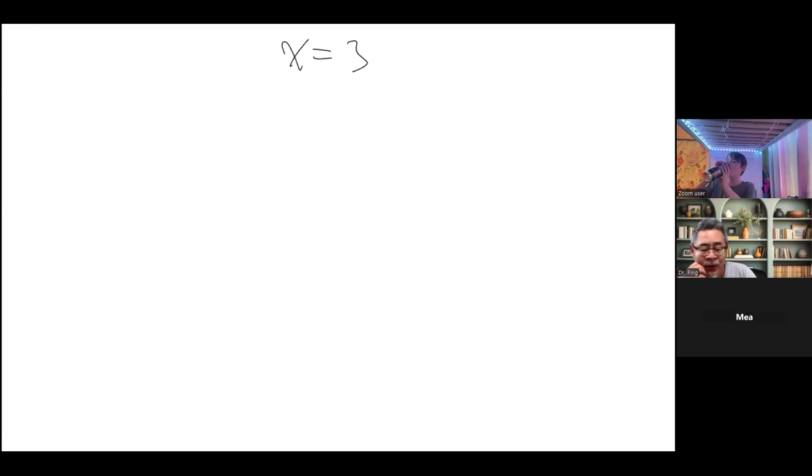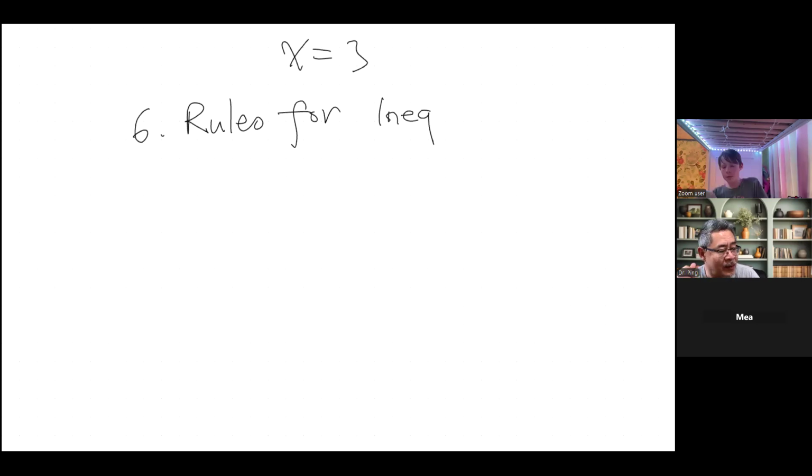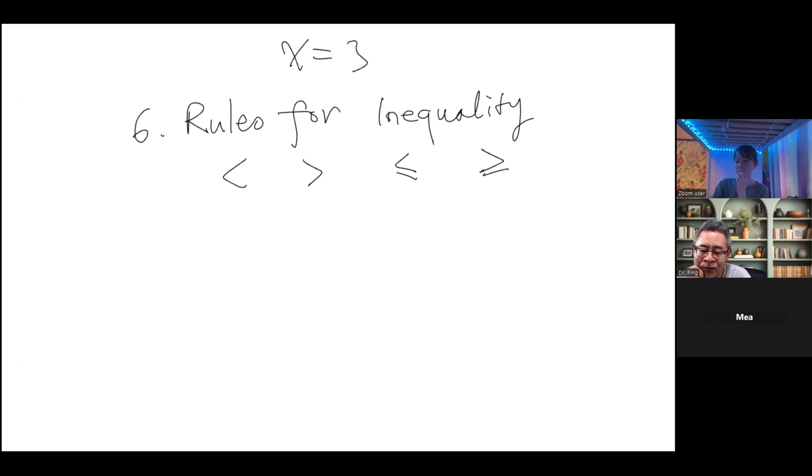Okay, so we look at 6. 6 is called rules for inequality. Inequality is when we're dealing with less than or greater than, sometimes less than or equal, or greater than or equal. And most of the time we're dealing with that because we don't need to have an exact amount of money to go to the store, as long as we make sure we have enough.